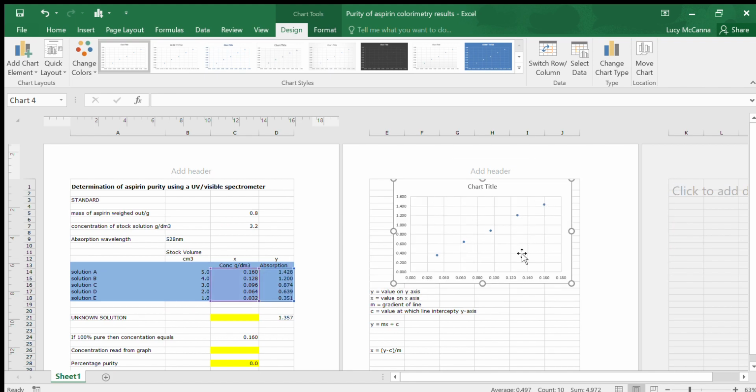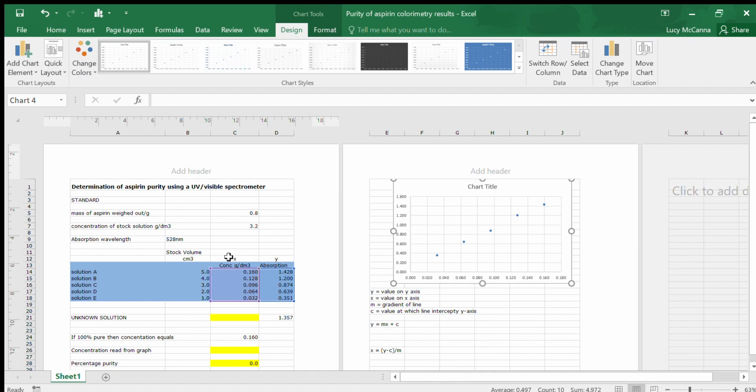Okay, so what we've created here is a plot of our known information, and it's called a calibration graph. So you will title this something like calibration graph for known concentrations of aspirin. Then what you will need to do is add the chart elements to give your axes their titles, include units where needed.